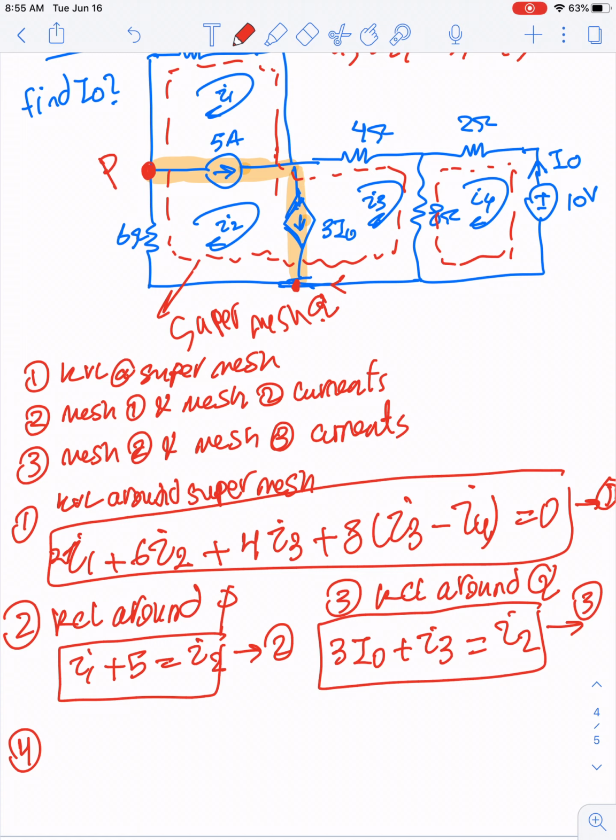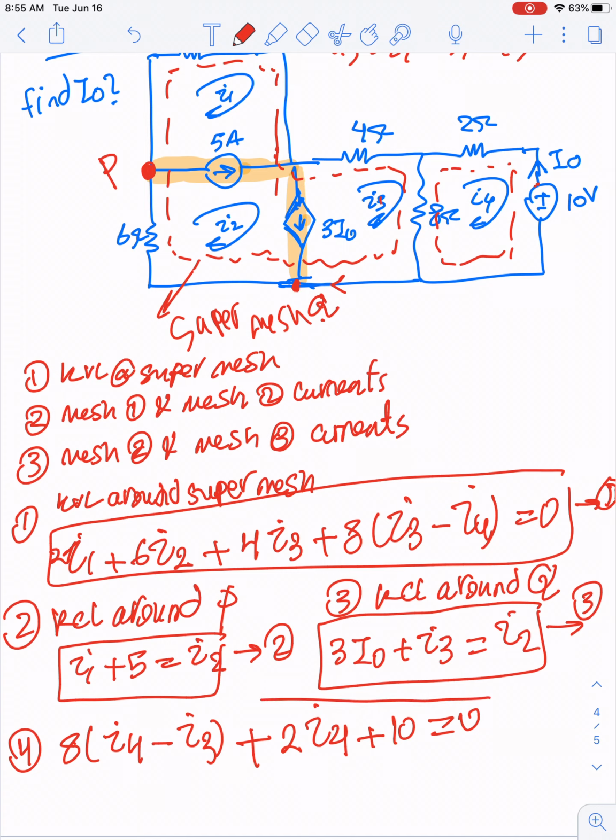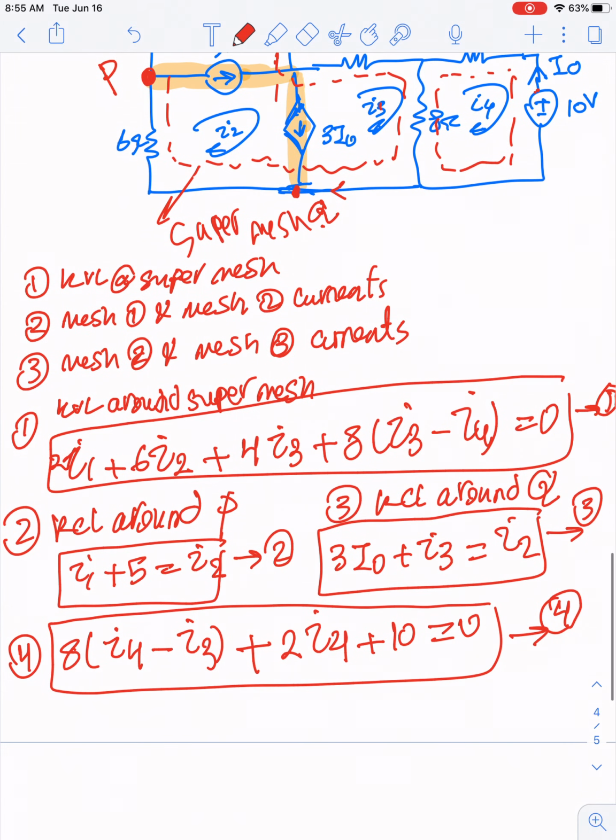We have 8 multiplied by I4, minus the current of the other loop, which is I3, plus the current here is I4 multiplied by 2, so 4 multiplied by I4, 2 multiplied by I4, and the last thing, the current here is going in from a positive terminal, so it will be plus 10 is equal to 0. So this is equation 4.